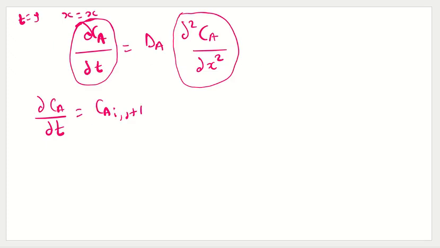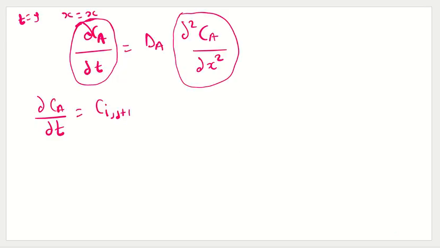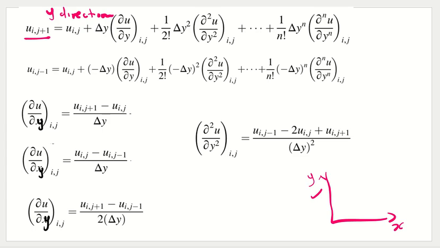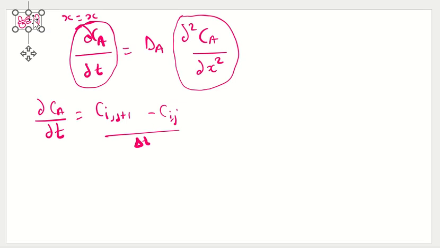Let me just use C instead of CA so that it doesn't become clumsy. So dC/dt equals C i j plus 1 minus Cij, our u is now our C, divided by delta y, which is our delta t now, because our t has been taken to be y.